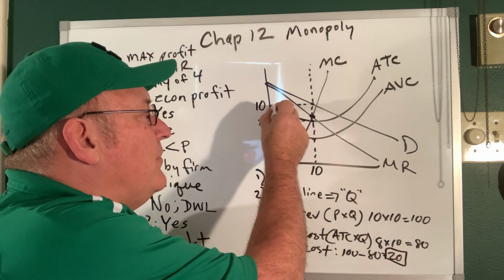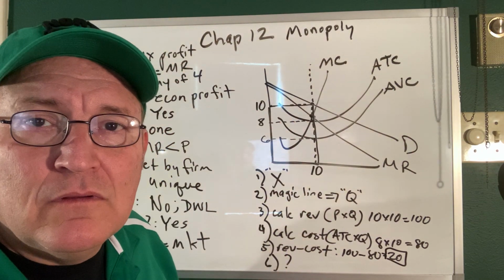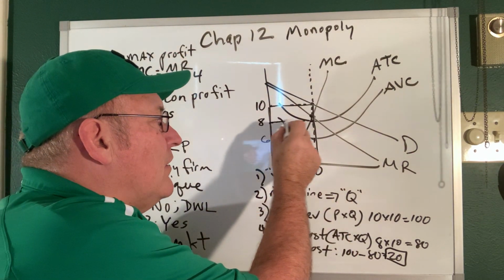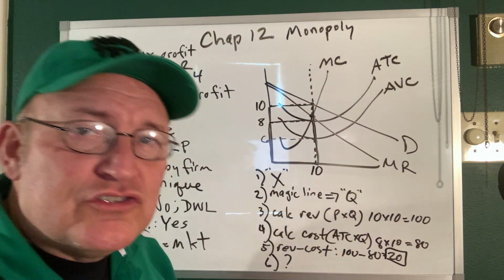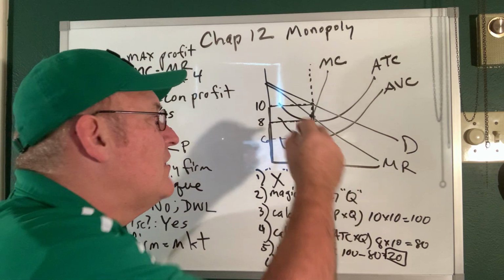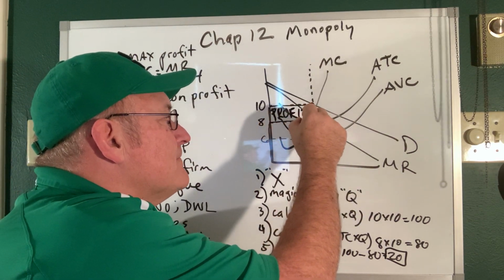This whole big rectangle right here is your revenue. This smaller rectangle right here is your cost. Once you subtract cost from revenue, what's left over up here is profit.